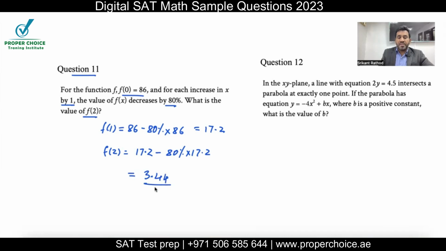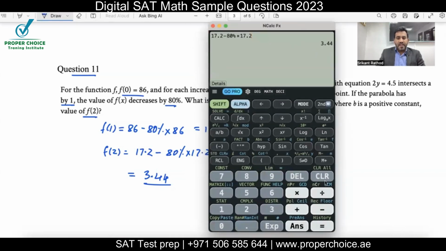This is one way we can do it. Another way: when I say the value of that function is decreasing by 80%, it means only 20% of its previous value is left. You can do this quickly. 80% decrease means 20% of its value will be left. You can multiply 86 by 20%.